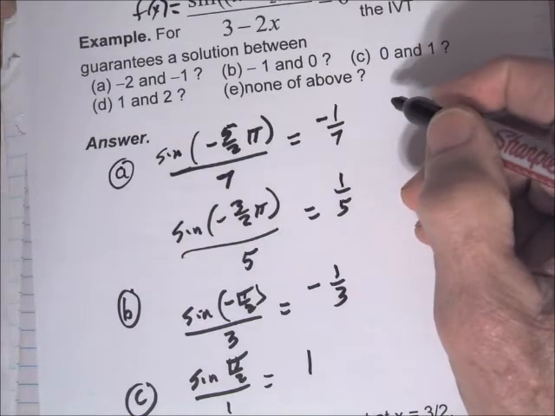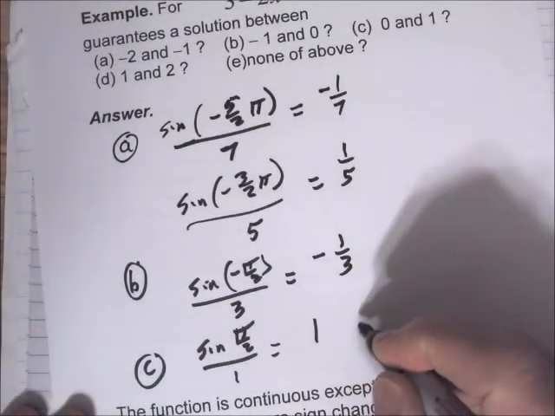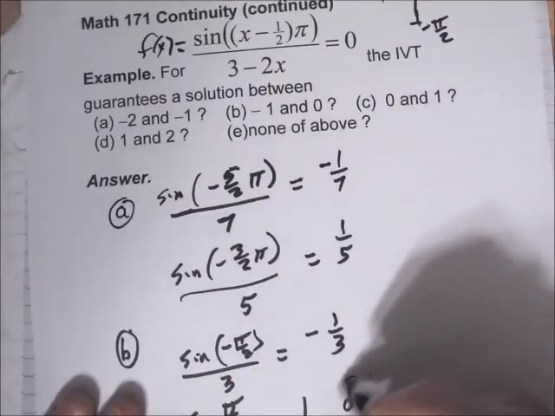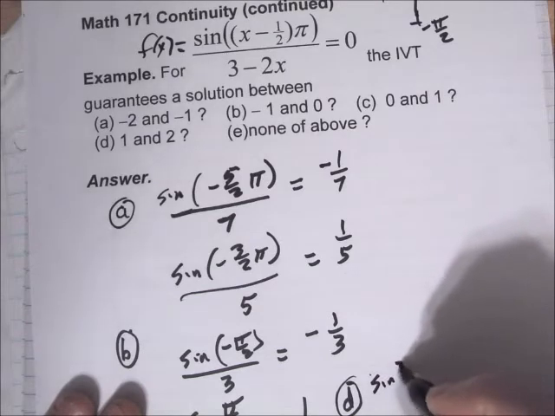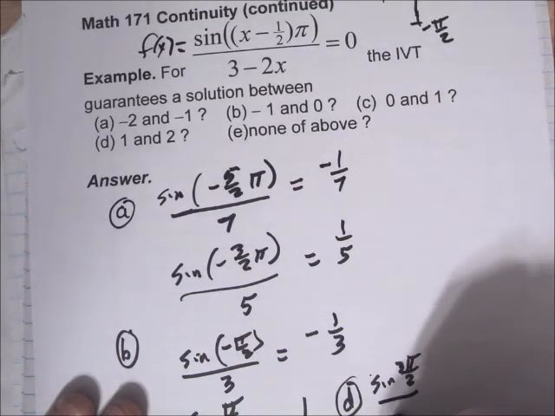D, we want to do 2. 2 minus a half is 3/2. So we have sine of 3/2 pi over -1.